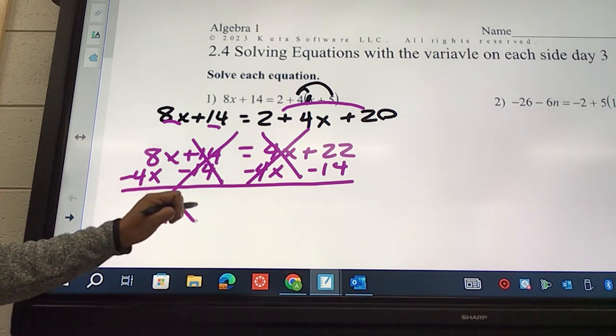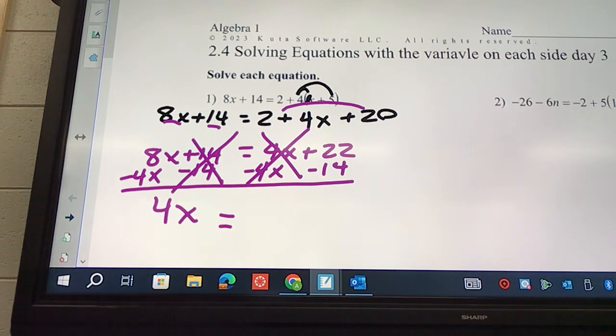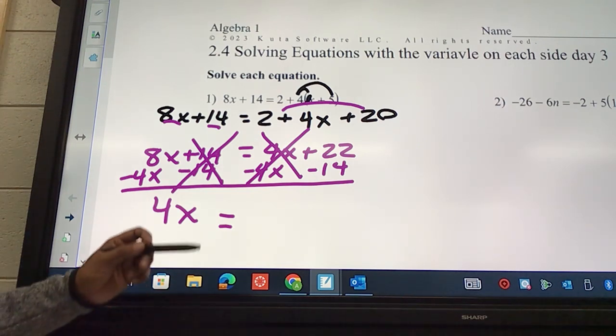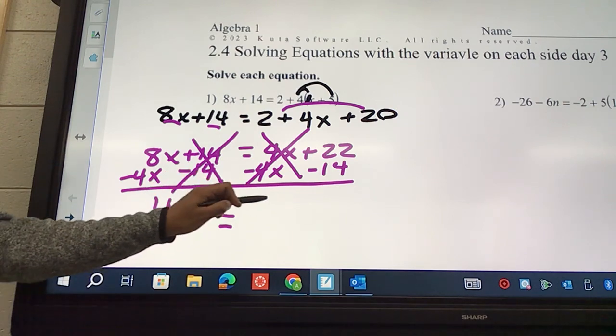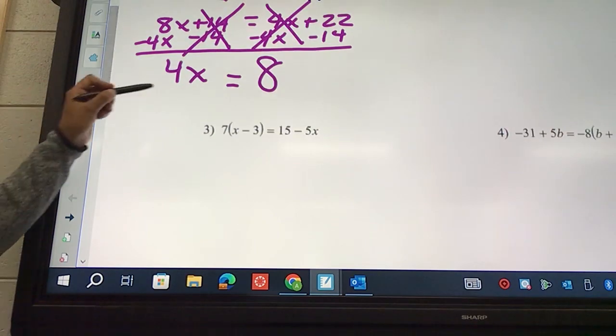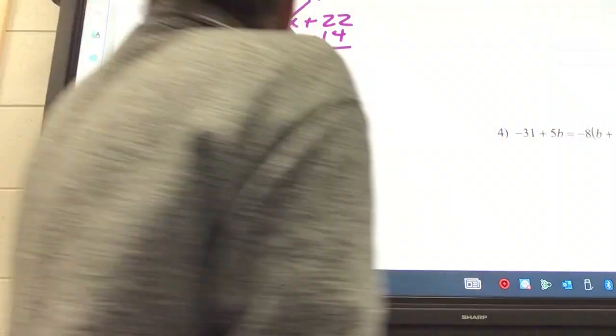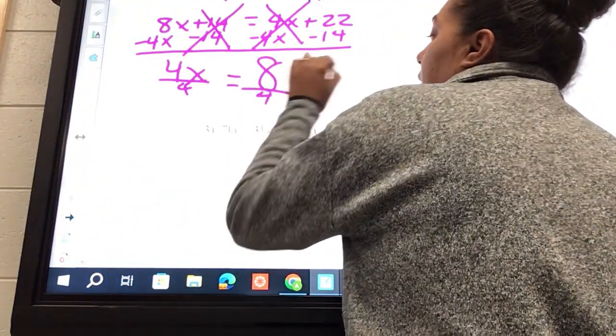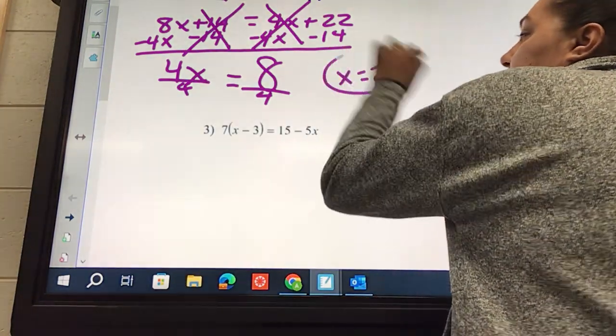So we get 4x equals, what is 22 minus 14? 8. Somebody agree? 8. What's our last step always? Divide by 4. So we get x equals 2.